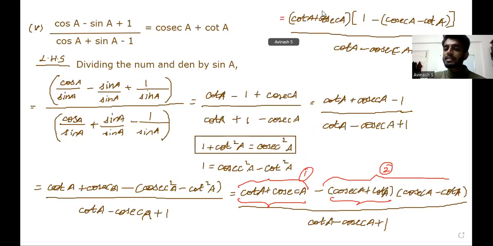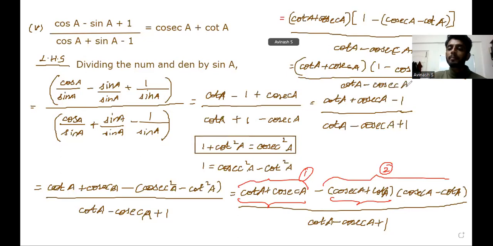Now, when we take this minus inside the bracket, what do we get? Outside, you have cot A plus cosec A in the numerator. And when you take this minus inside, you get 1 minus cosec A, minus into minus becomes plus cot A, whole divided by cot A minus cosec A plus 1.